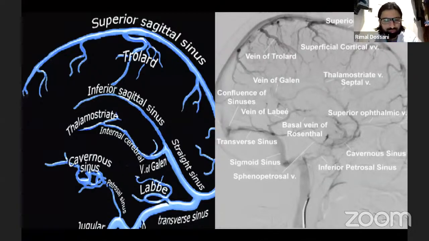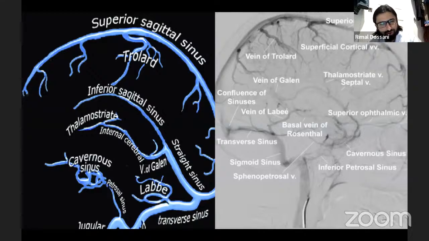I'm not going to go through the lesson again that Dr. Daniyal shared, but this is a broad overview of the important superficial and deep veins. Within the ventricular system, we have the internal cerebral vein, and then we have the septal vein that goes medially, and then the thalamostriate vein that goes laterally.